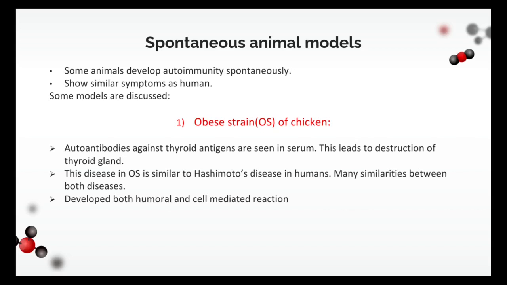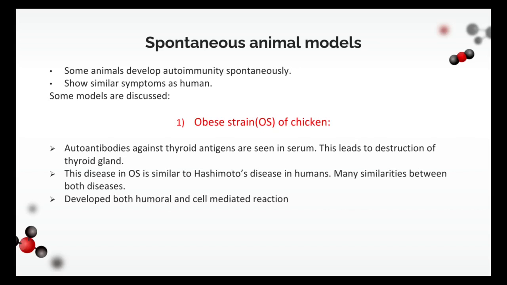One of the spontaneous animal models is the obese chicken, or obese strain of chicken, OS. In this model, autoantibodies against thyroid antigens are produced. These autoantibodies slowly lead to destruction of the butterfly-shaped thyroid gland. This phenomenon is very similar to Hashimoto's thyroiditis in humans.